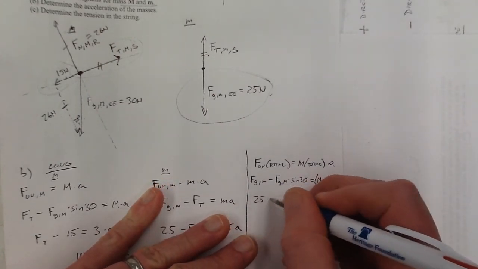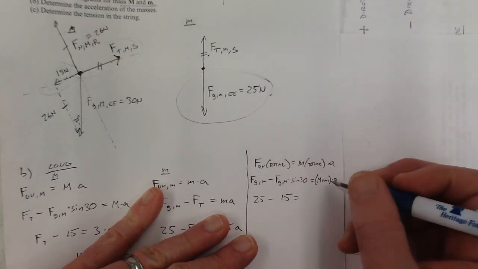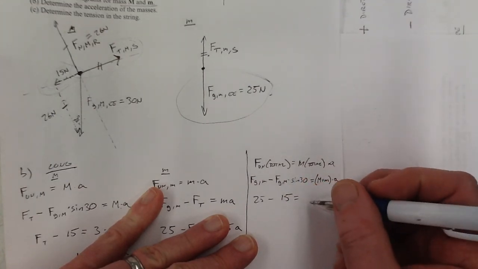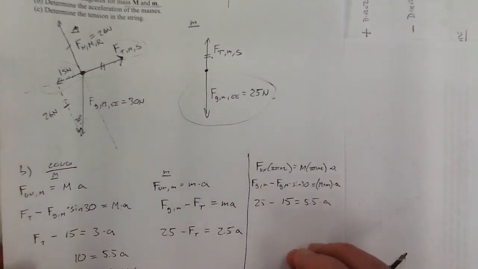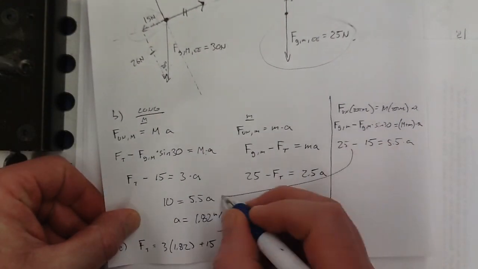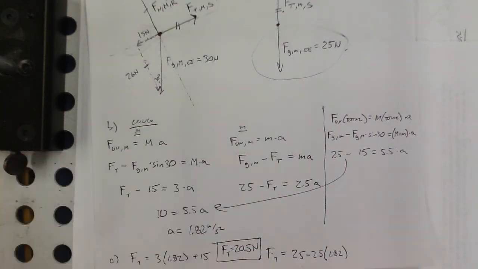That's 25. That's 15. The total mass is 5.5 times acceleration, and then that's just going to bring us to this point of the math, so I won't go any further with that. So those are your options. All right.